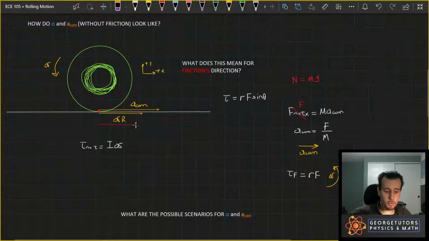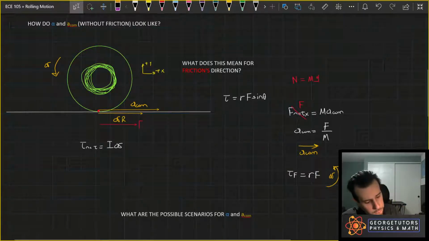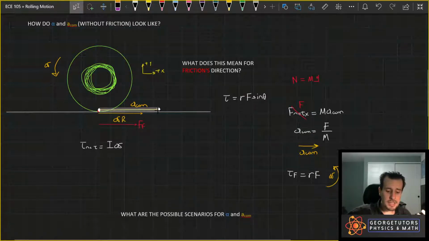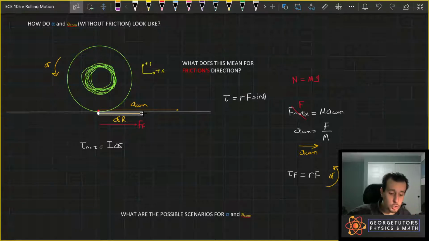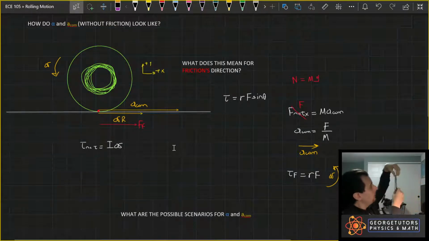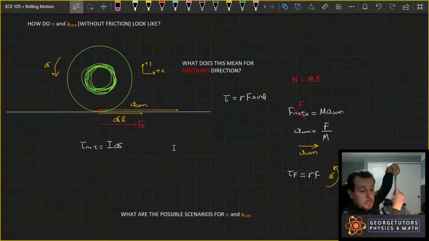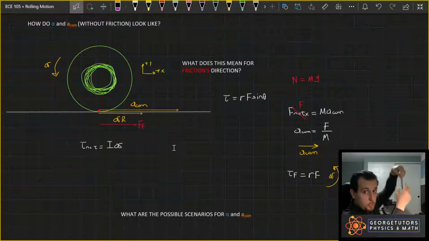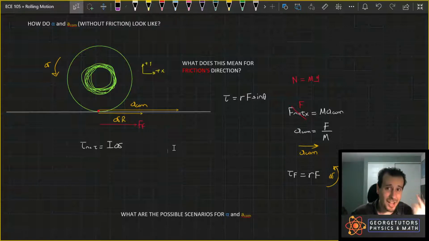If I put the friction going to the right, you can see directly that it would be helping ACOM by making it grow, and it would also be helping alpha R. If we put our pen pivoted at the point P in the center, and we apply the friction toward the right, we would get a counterclockwise contribution to the angular acceleration, and that's not good, right?